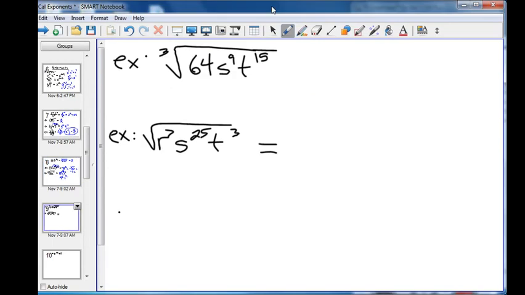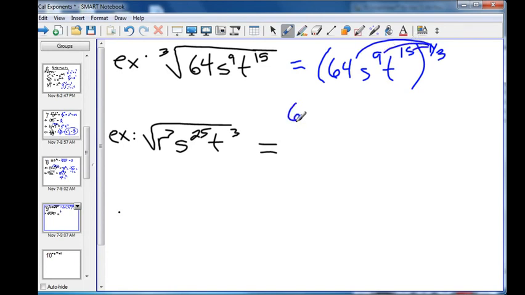Let's do a couple more examples with the radicals. Here we have the cube root of 64 s to the 9th t to the 15th. So we can rewrite this as 64 s to the 9th t to the 15th raised to the 1/3, because raising it to the 1/3 is the same as cube rooting it. So we can apply that in to each one of these.